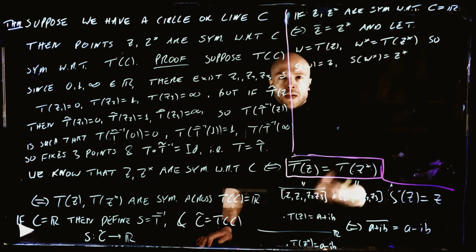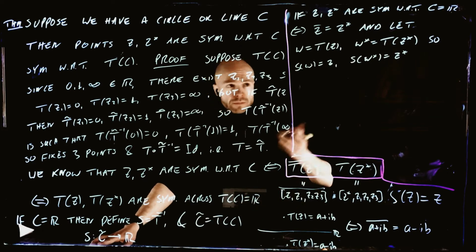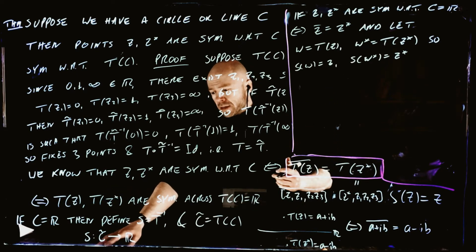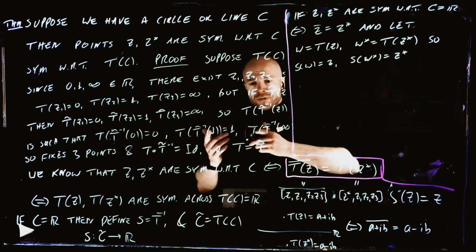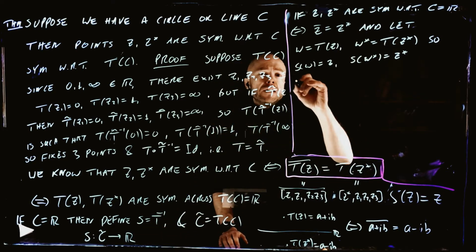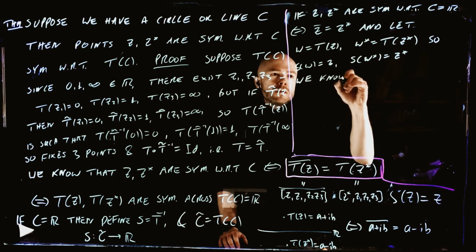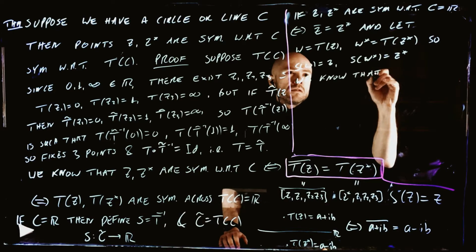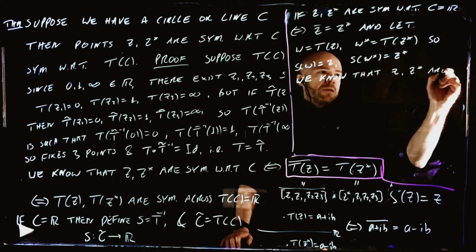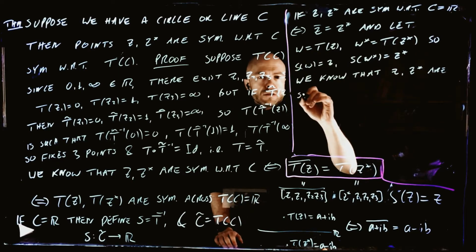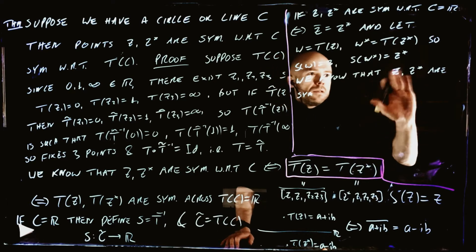Yeah, and now we have S is a Mobius mapping from some line or circle C tilde into R, right? And by the case we've just established, we know that Z and Z star are symmetric. Sorry, let's do this.